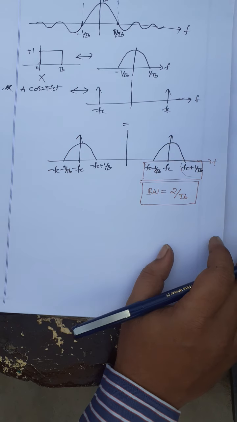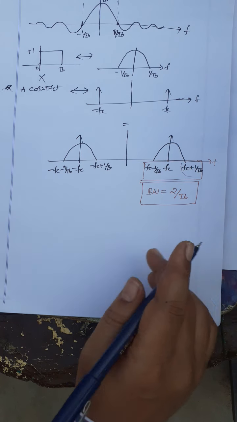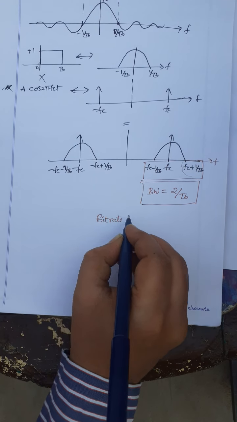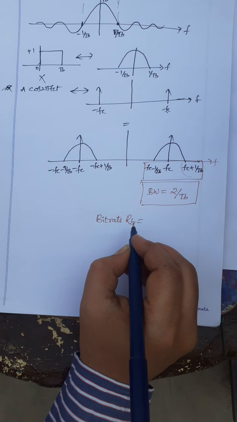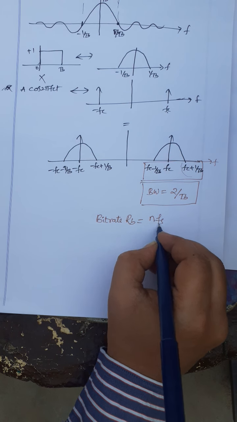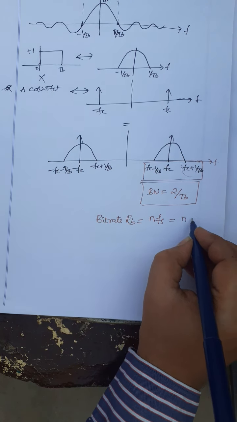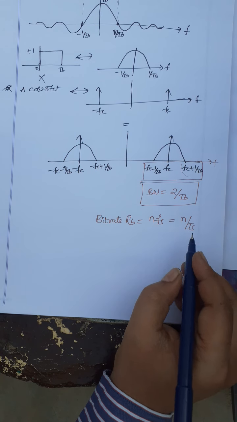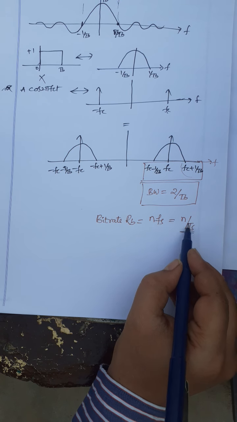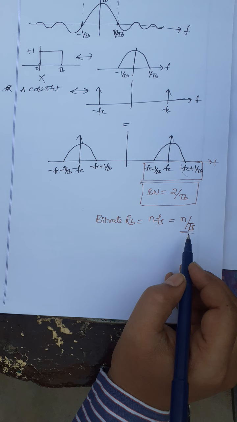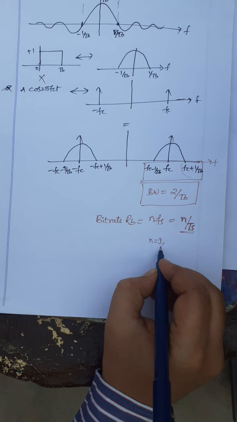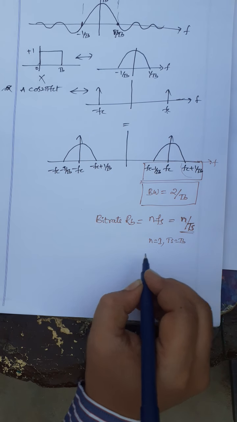Okay. Now, what is the bit rate? What is the formula of bit rate? Bit rate Rb is equal to N Fs or N by Ts. Ts is the sampling time. Here the time periods Ts and Tb are both the same, right? So N is equal to 1. In BPSK, N is equal to 1 and Ts is equal to Tb in this case.